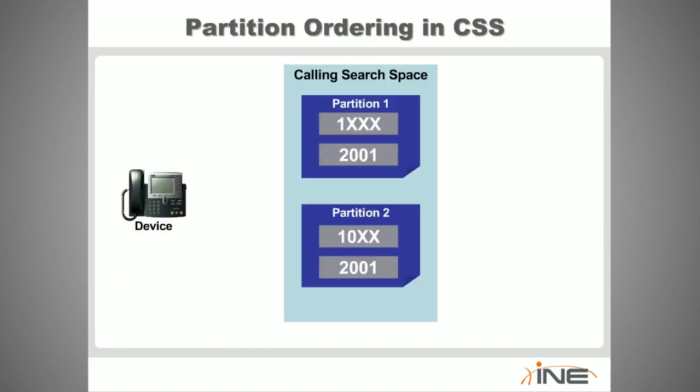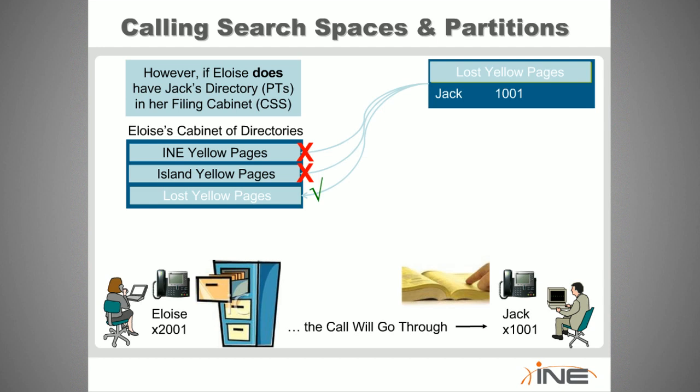Okay, any questions on calling search space basics before I move on, and the analogy? I want to make sure everyone really understands this calling search space bit, because calling search spaces are used just a ton in CUCM 7, and even more so in 8. Because they're such a great construct, they're only going to proliferate the usage more and more as CUCM versions go on and the system becomes more robust and more granular.